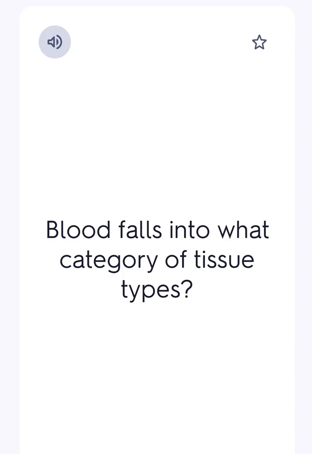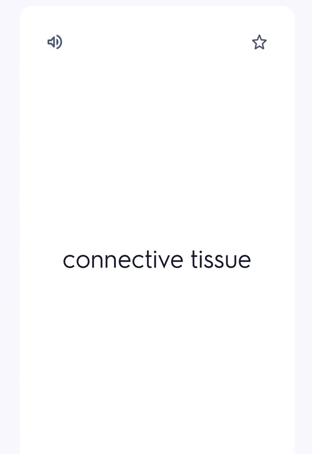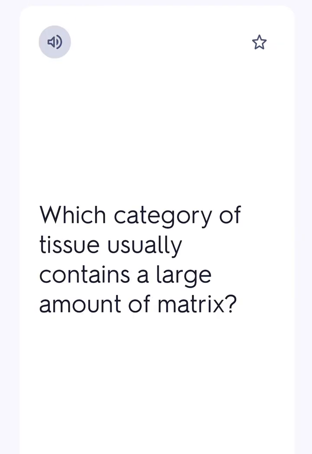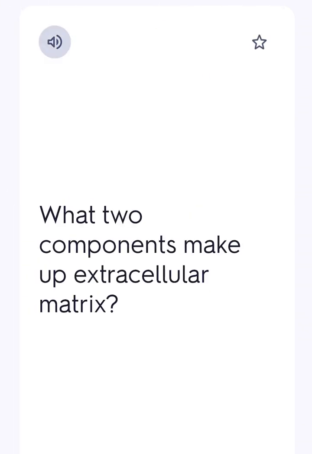Blood falls into what category of tissue types? Connective tissue. Which category of tissue usually contains a large amount of matrix? Connective. What two components make up extracellular matrix?